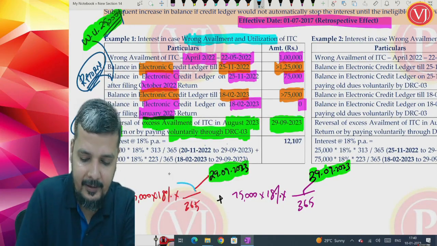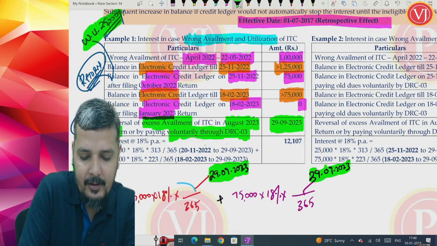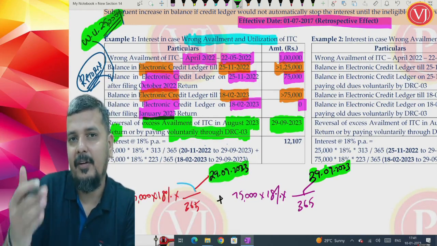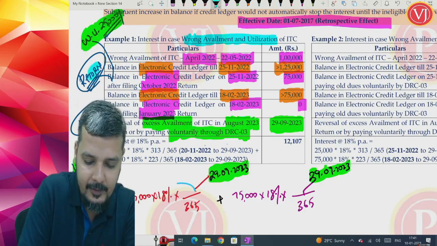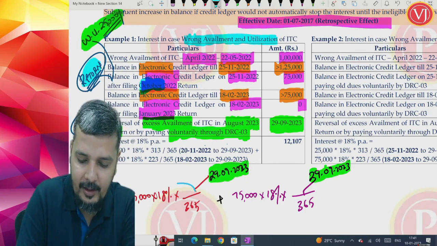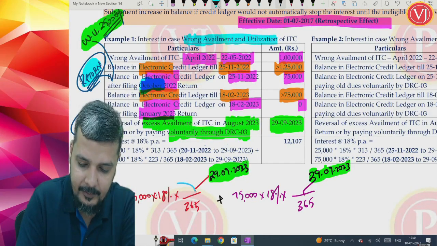In the first case, when I wrongly utilized 25,000, when my credit balance came below 1 lakh, it was when I was filing my return. Which return was I filing? I was filing my October return. Now I need to check the actual date of October return filing.